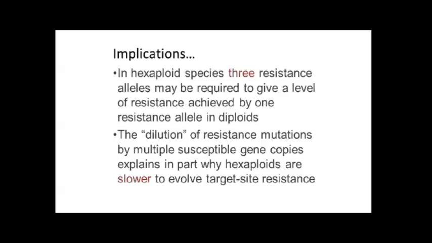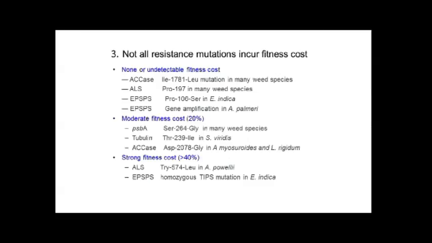The dilution effect of resistance mutation by susceptible copies explains in part why resistance evolution to target-site mutation is much slower in hexaploid species compared to diploid species.